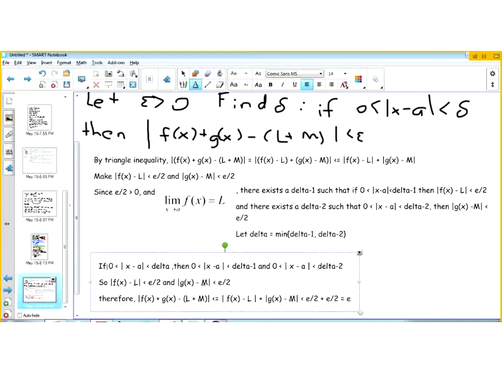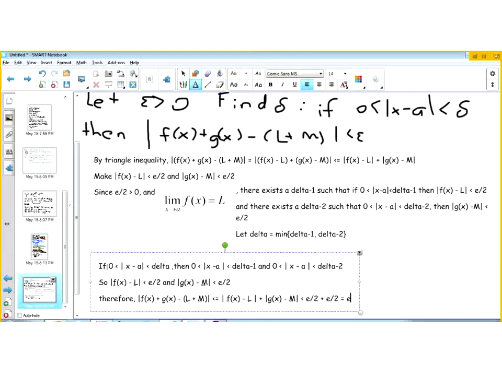So that was the verification. If the limits of the two functions exist, then the limit of the sum of the two functions exists as well, because we can find a delta for any given epsilon for the sum of the functions.